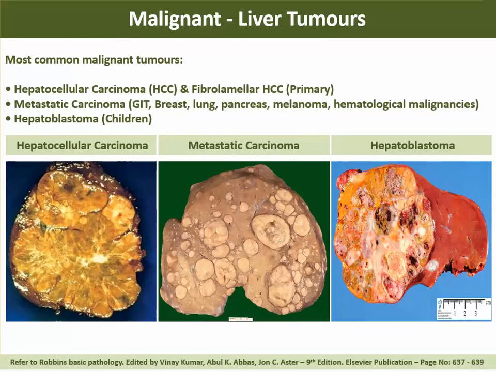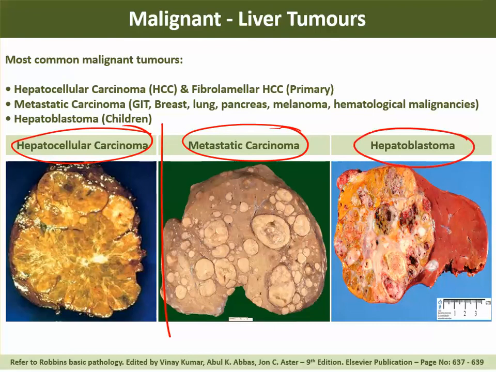Now coming to the most important tumors, the malignant tumors of the liver. There are two: hepatocellular carcinoma and metastatic carcinoma. I am going to discuss them in detail. Hepatoblastoma is usually seen in children. Hepatocellular carcinoma comes on the background of hepatitis, usually viral hepatitis and alcoholic hepatitis.